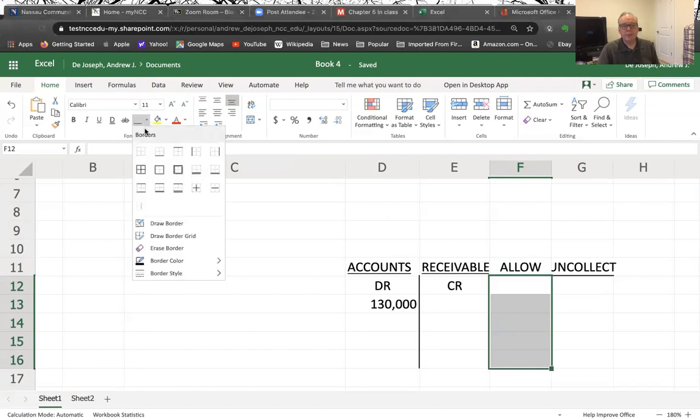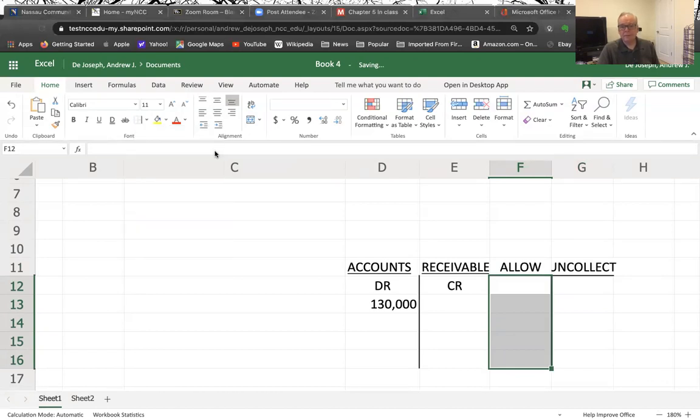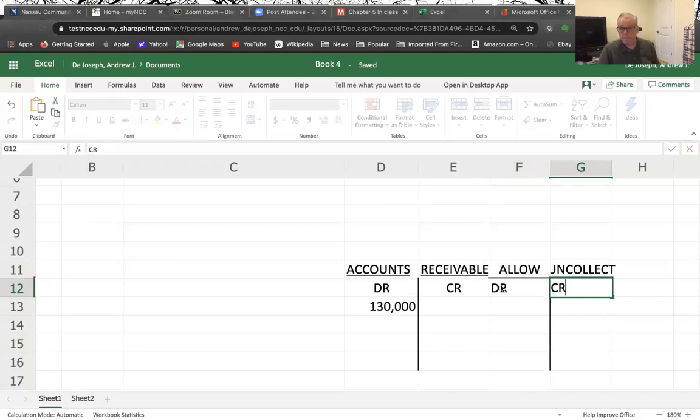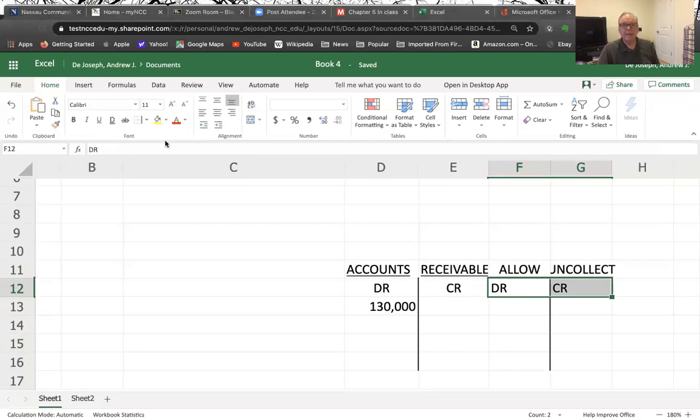And what are they telling you about this account? Now again, we have a debit side and a credit side. But remember, this allowance account is contra, which means that the balances in this account offset the balances in this account.